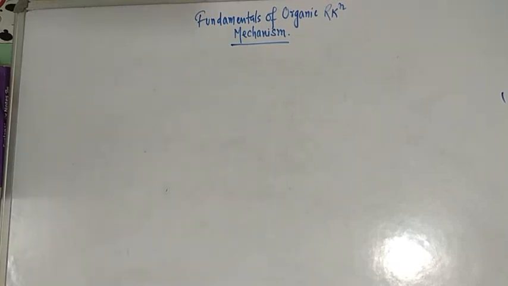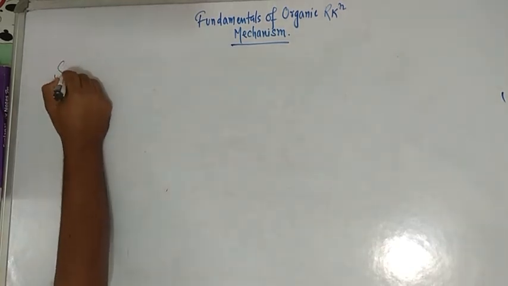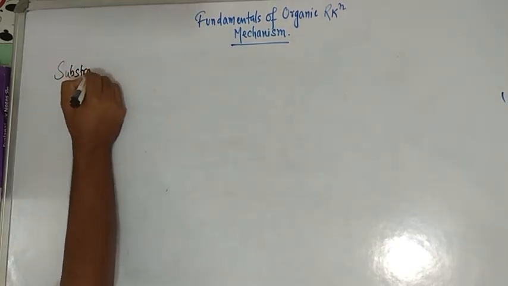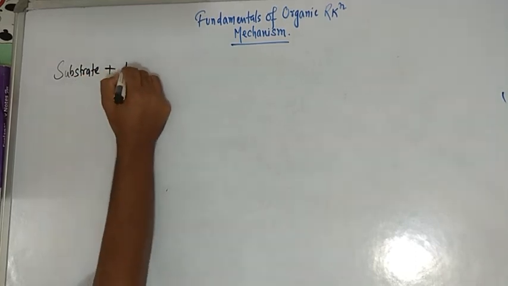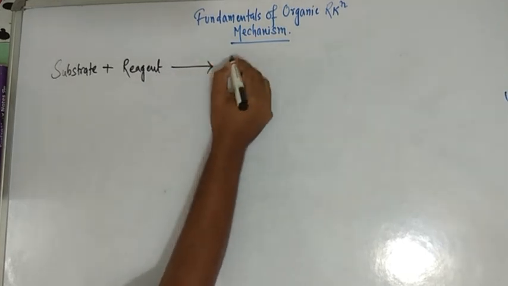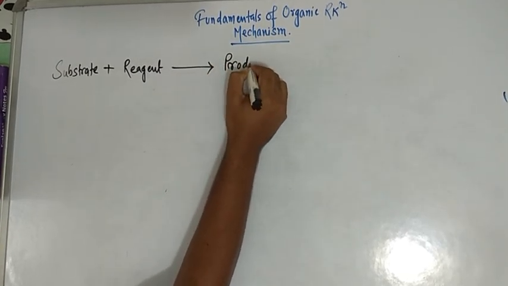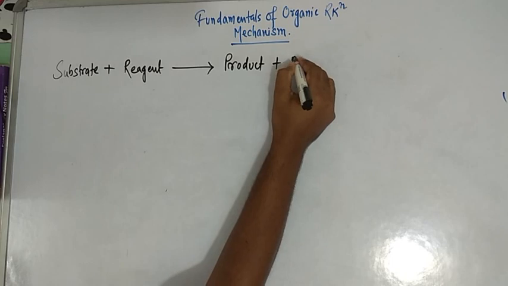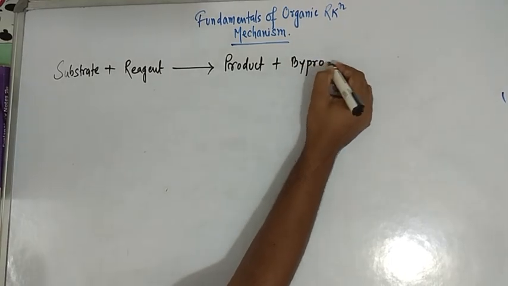Hello dear friends. So today we are going to start from the fundamentals of organic reaction mechanism. Any organic reaction generally has a substrate which reacts with a reagent to give the product as well as some byproducts.